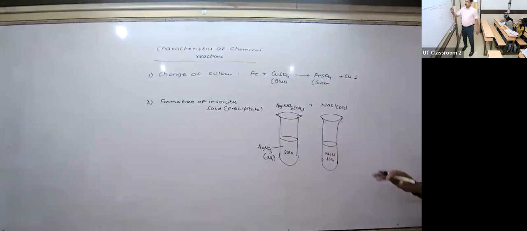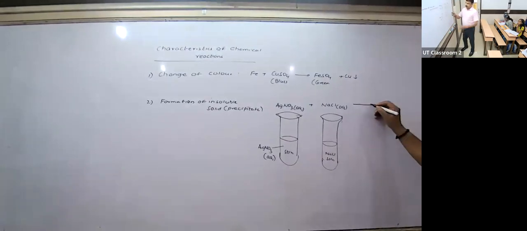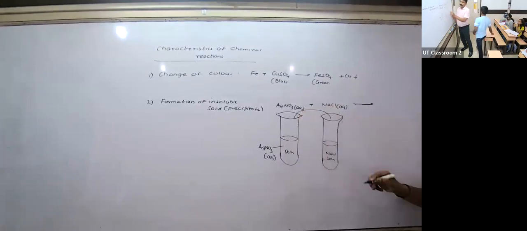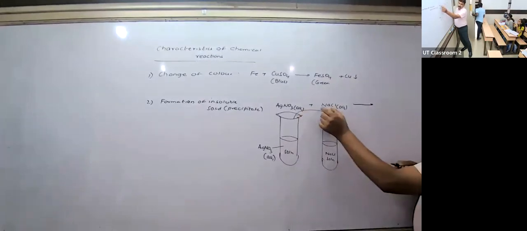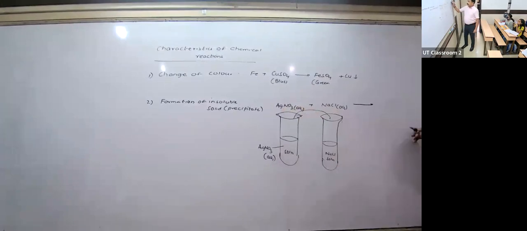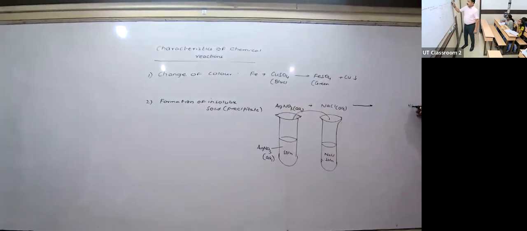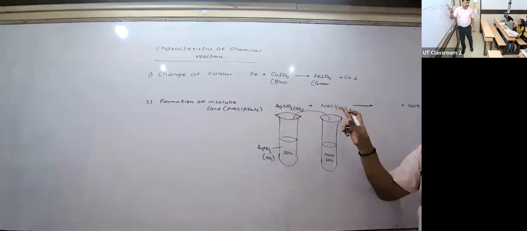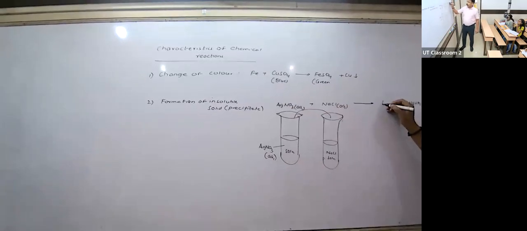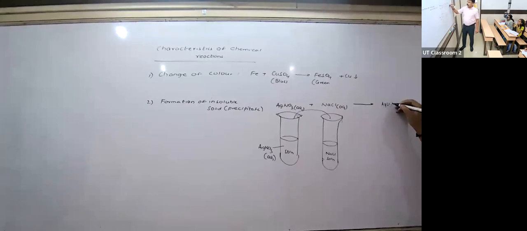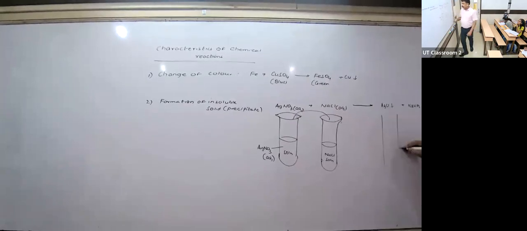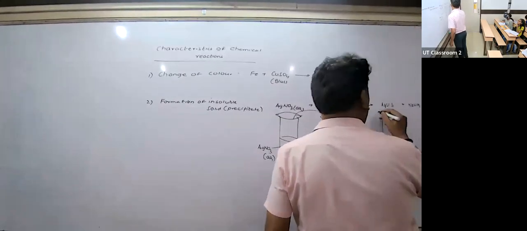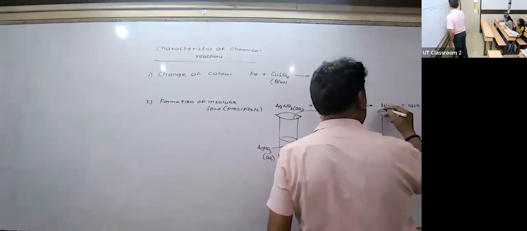When you mix this solution with this one, you will find that there is a chemical reaction. Na will combine with NO3 and you will get a colorless solution of NaNO3, but Ag will combine with Cl and you will get a white color precipitate of AgCl.